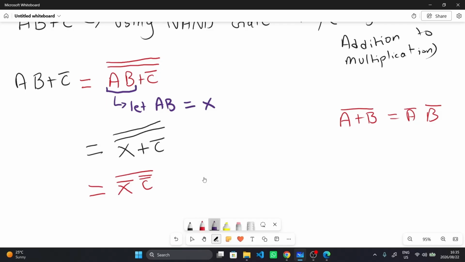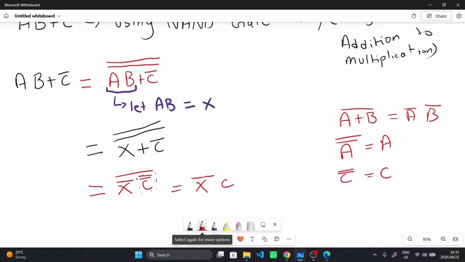If you look at this C term, this reminds me of this rule again. A complement complement is A, so we can say C complement complement is C, right? So our final answer can be X complement C complement, right? Both of them under one complement.